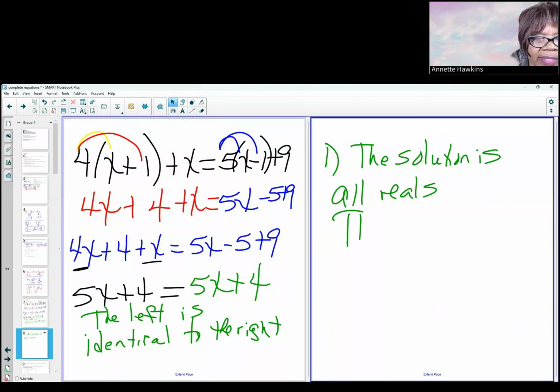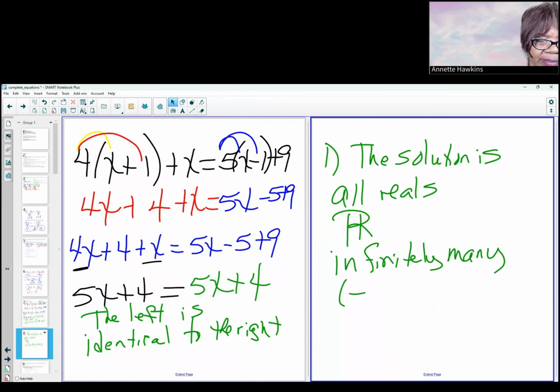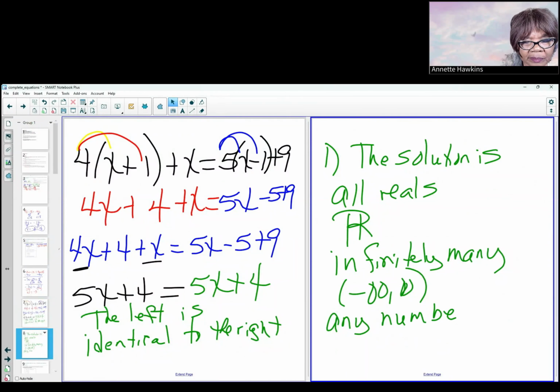You can write this symbol. You can say infinitely many. Or you can do this. Now, what does it mean? It means any number will work. If you put any number into this equation, it will work. Okay. Now that's what the solution is.